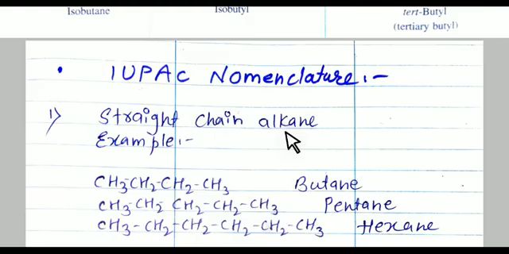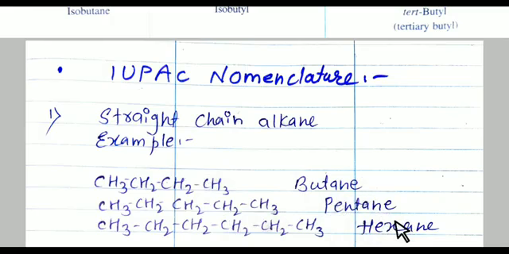Just see the straight chain alkane. So in straight chain alkanes, see here simple butane, pentane, hexane, heptane, octane, nonane, decane. They are straight chain alkanes. 4 carbons are there, butane, 5 carbons, pentane, 6 carbons, hexane.